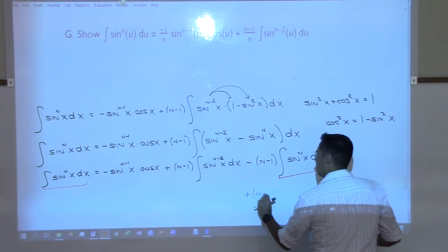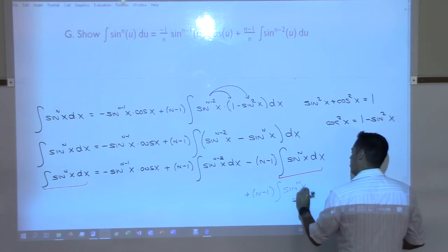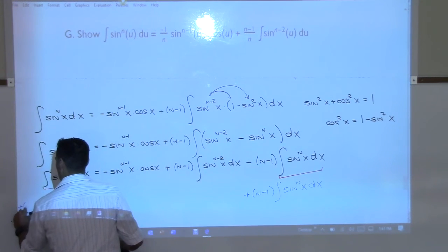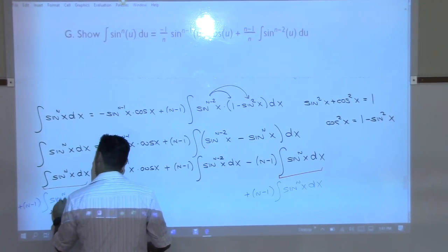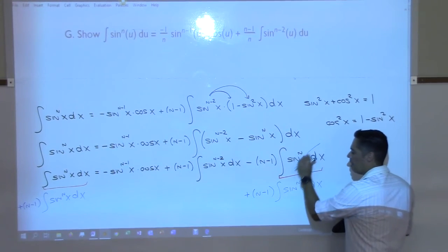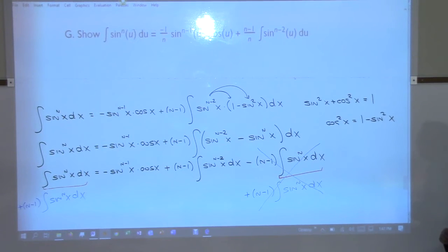Add n minus 1 of these integrals to this side, and then add n minus 1 of these integrals to this side. And then it'll go away over here, right?